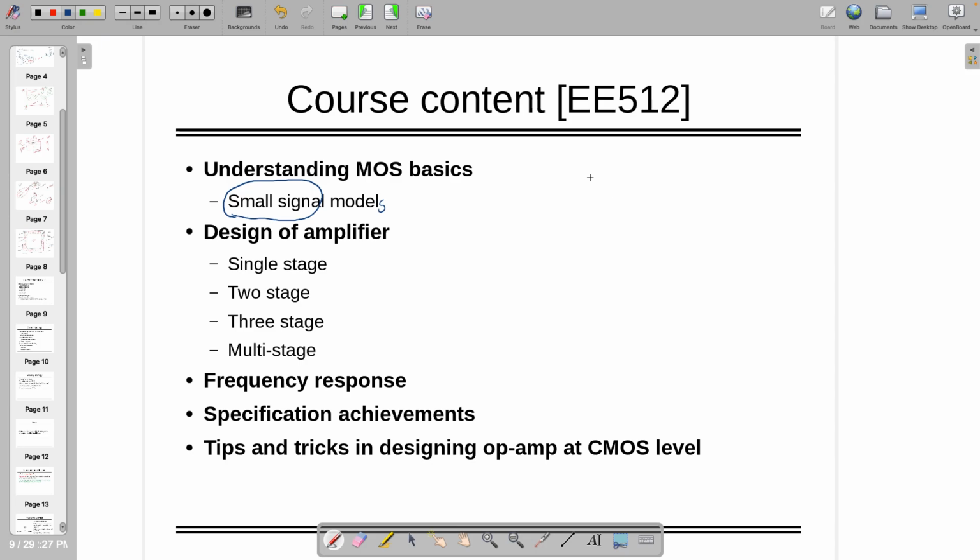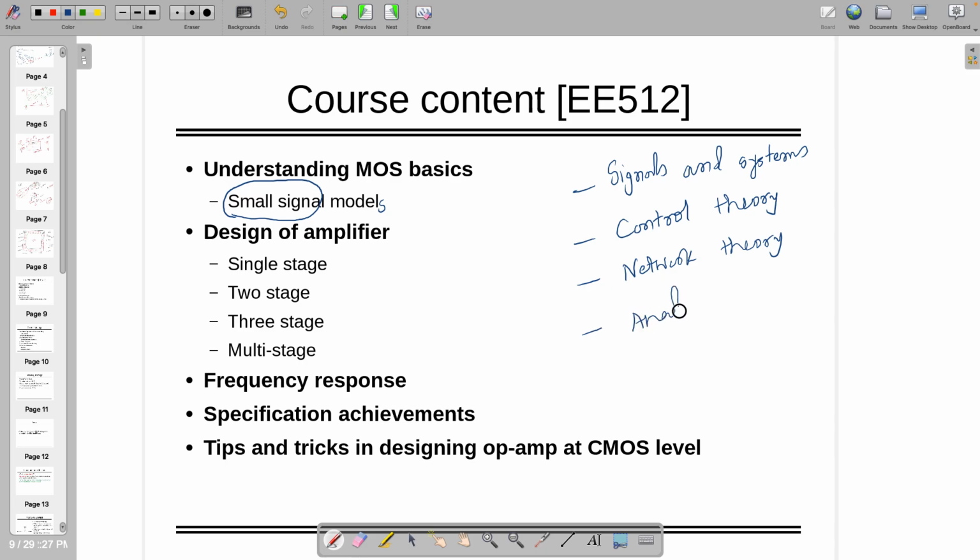So we are going to use the following things. Understanding of signals and systems is a very important thing. Then control theory, network theory, and basic things we have studied at the undergraduate level, analog.